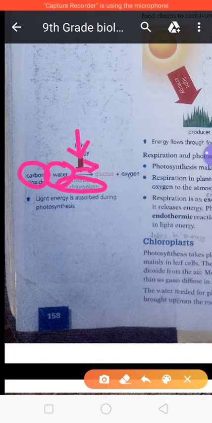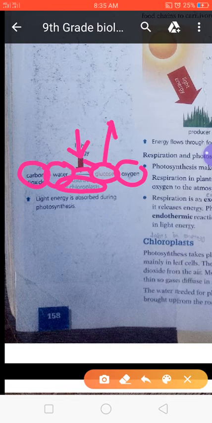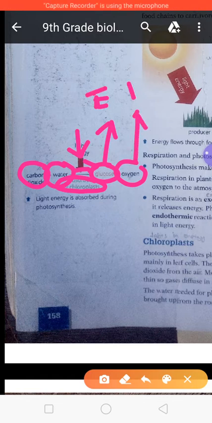In this process, two main things are produced: glucose and oxygen. Glucose is used by animals for the production of energy, and oxygen is used by animals for respiration. So guys, plants are really important for us. These two things, we cannot live without them. So that was the equation of photosynthesis.